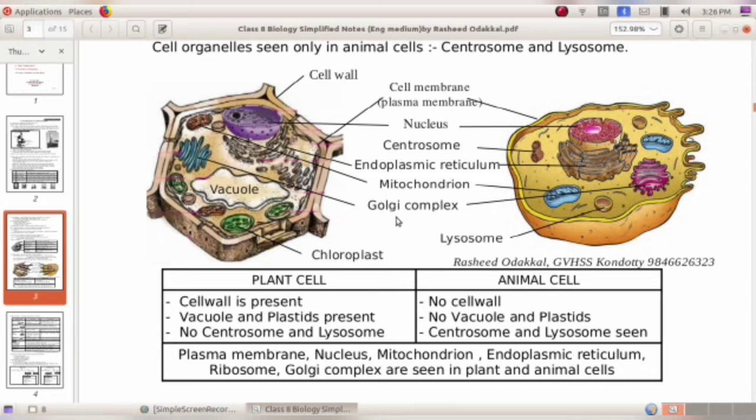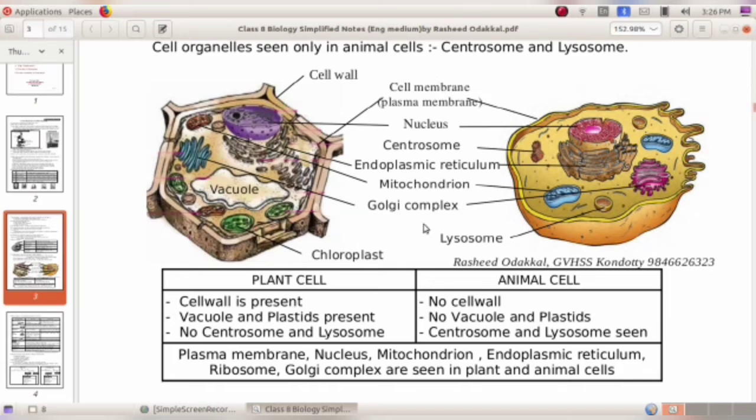Then in the animal cell there are structures called the centrosome and lysosome. This is the centrosome and this is the lysosome. In the plant cell there is no centrosome and no lysosome. These are the main differences between plant cell and animal cell.